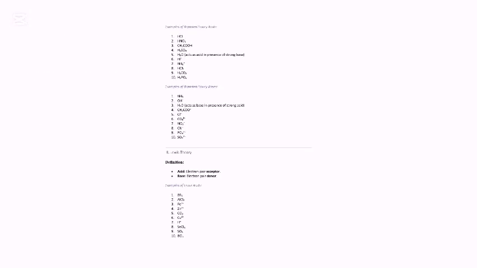So those are the Arrhenius theory. Now you need to know also the definition of acid using the concept of Bronsted-Lowry. Bronsted-Lowry is also a scientist who developed a definition of acid.